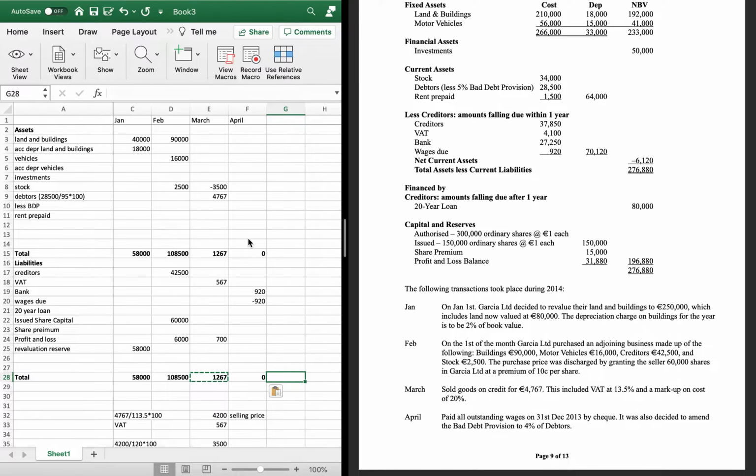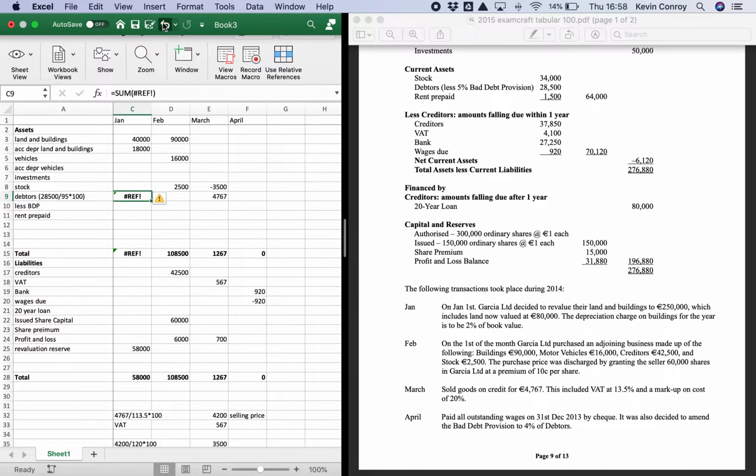Now, there's another part to April, sorry, which I didn't see. It was decided to amend the bad debt provision to 4% of debtors. So, at the moment, debtors is... I've managed to lose debtors there somewhere.